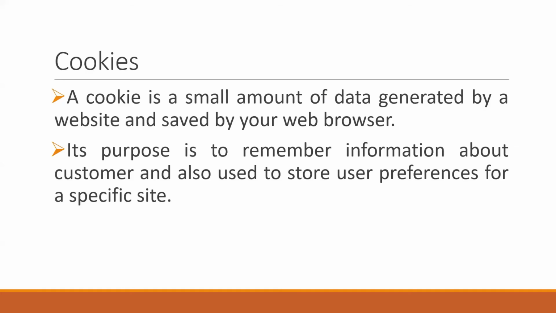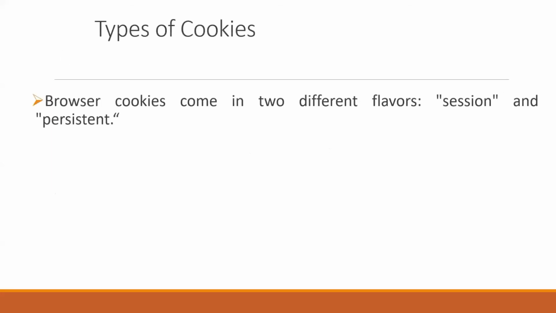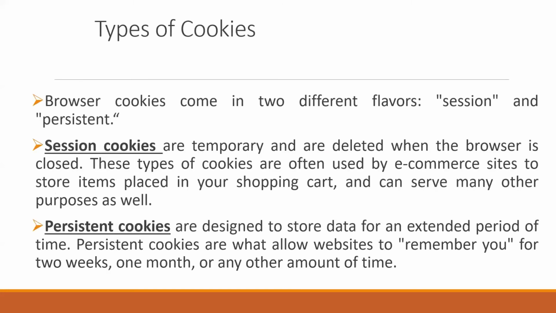Okay, so there are different types of cookies that we can see, right? There are two types of cookies. They are called session cookies and persistent cookies. What are session cookies? These are basically temporary cookies which will be there in your browser. When you open a browser and carry out your activities, these cookies will be active.